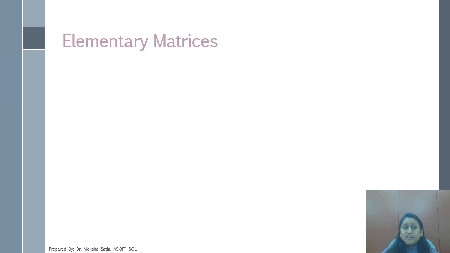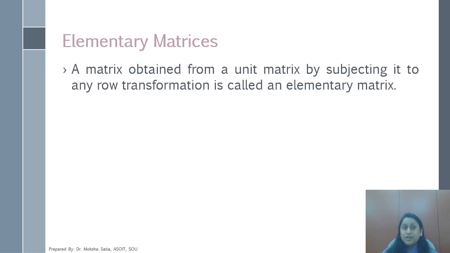Now the question is, if we apply these operations to a matrix, does it change its identity, its property? For this we have elementary matrices. A matrix obtained from a unit matrix by subjecting it to a row transformation is called an elementary matrix.